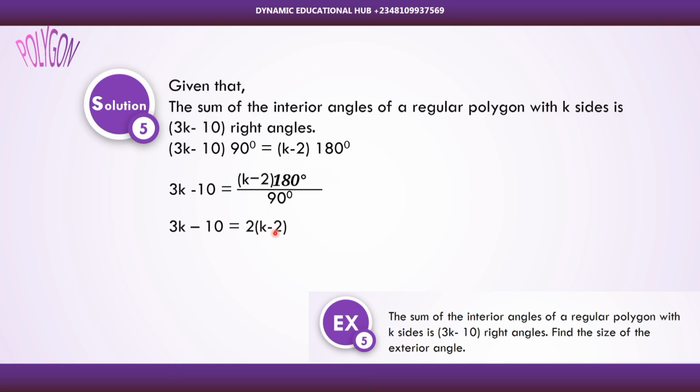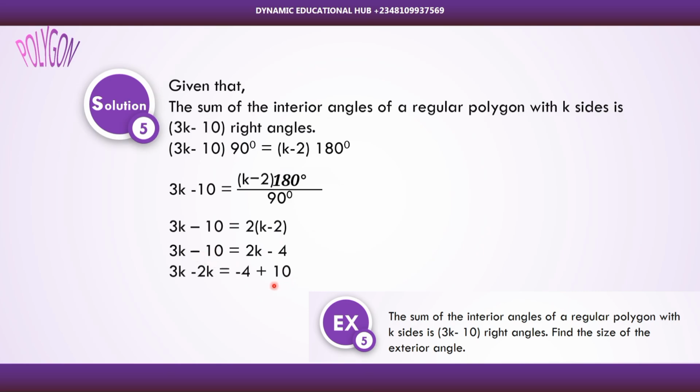Expanding the other side, we have 3k minus 10 equals 2 multiplied by k, which is 2k, minus 2 multiplied by 2, which is minus 4. Collecting like terms, bringing k together, you have 3k minus 2k equals minus 4 plus 10. And you transfer this minus 10 to the other side.